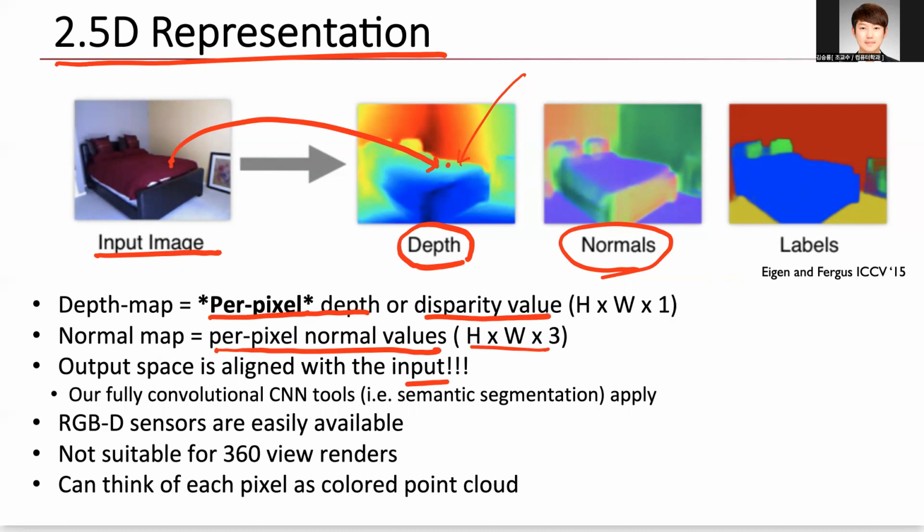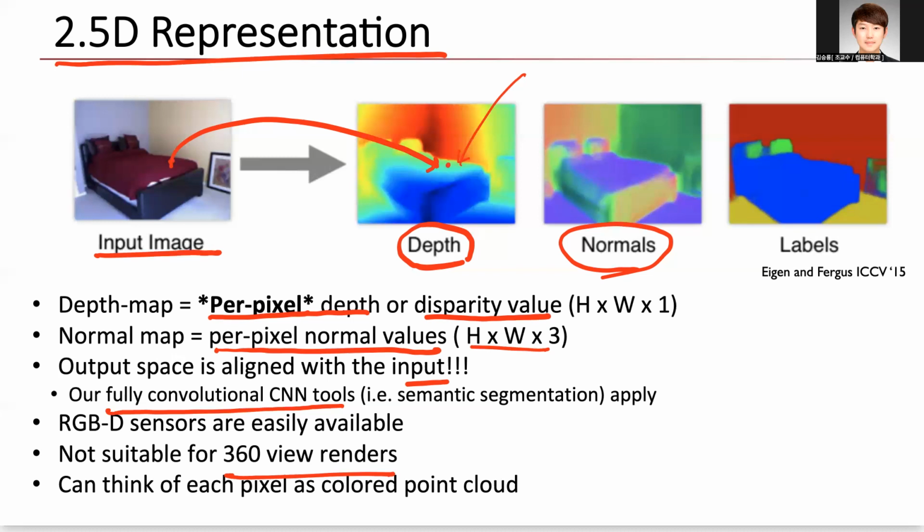So it means that we can apply a fully convolutional network to find depth or normal information, similar to the semantic segmentation task. So it is not suitable for the 360 view renders because we do not have the occluded information, and we can think of each pixel as a colored point cloud.